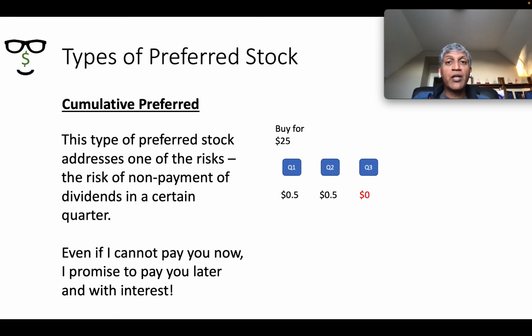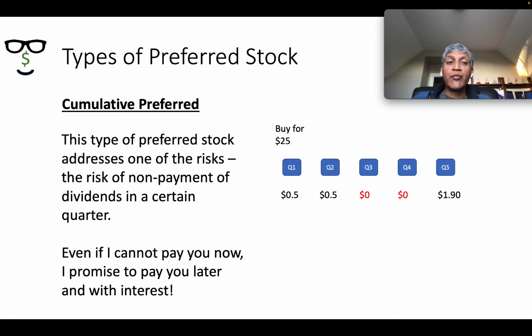We didn't issue common dividends. Another quarter goes by. Boy, it is still tough. We didn't issue preferred dividends. We didn't issue common dividends. And when I'm ready and I've turned my company around and there is now free cash flow, I will pay you back the missing coupon payments plus this coupon payment plus interest. That is called a cumulative preferred.